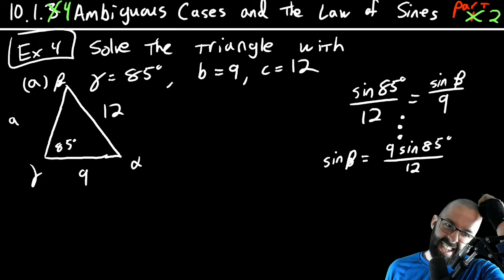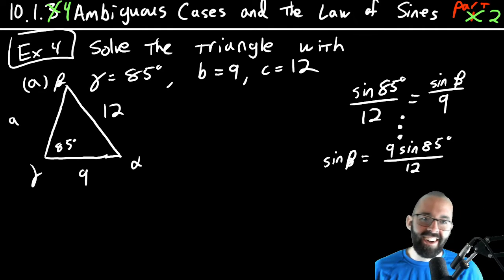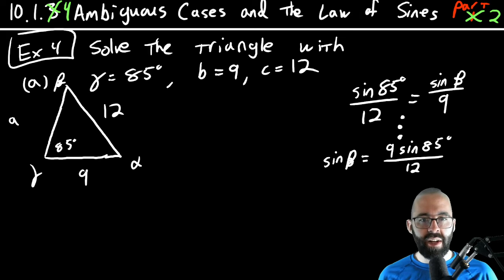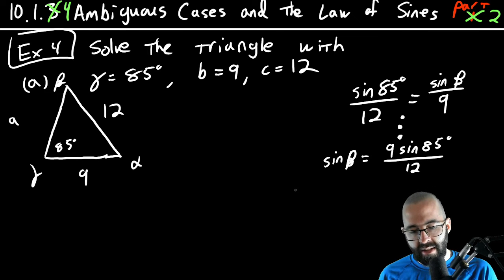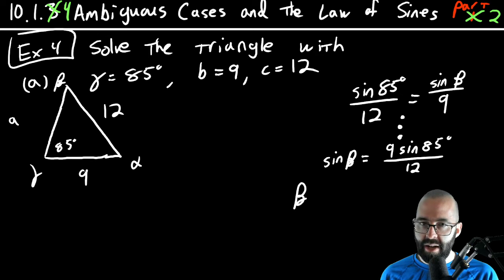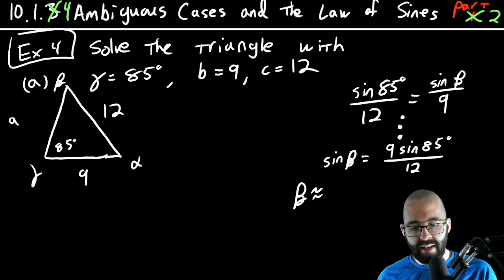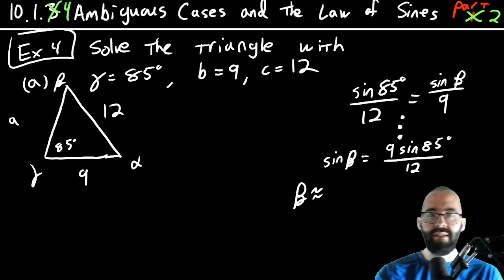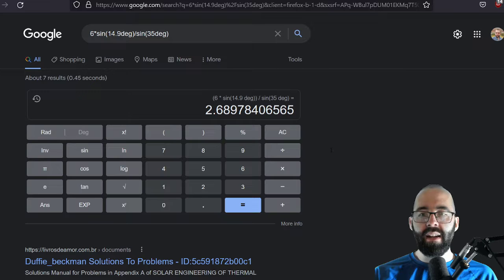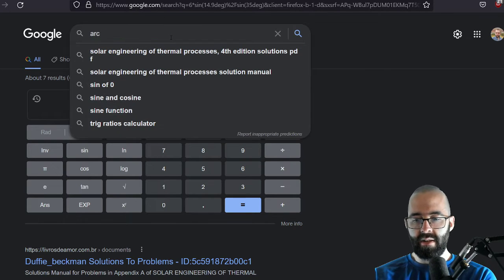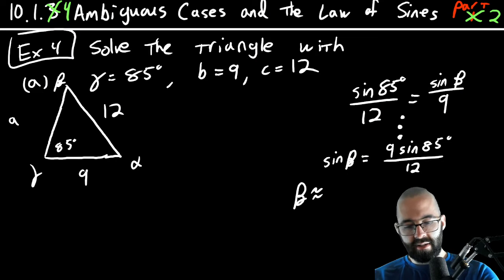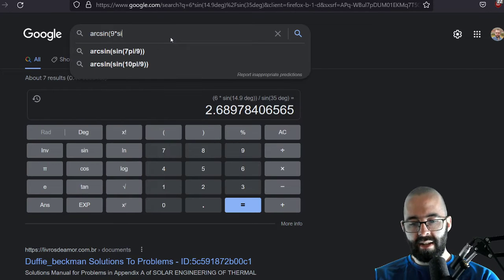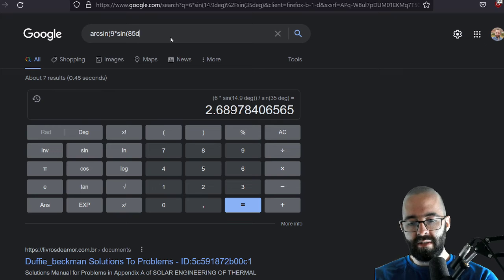Now here's the real kicker. What is our reference angle? Are there multiple answers? Maybe there's a beta prime, but beta is going to be the inverse sine, the arcsine, of 9 times the sine of 85 degrees divided by 12.